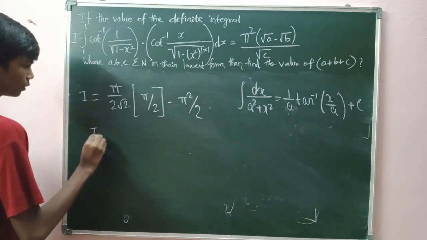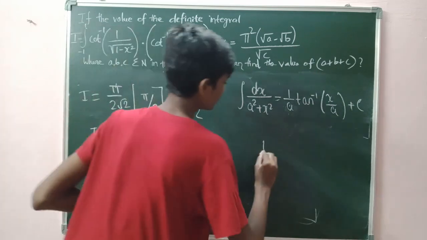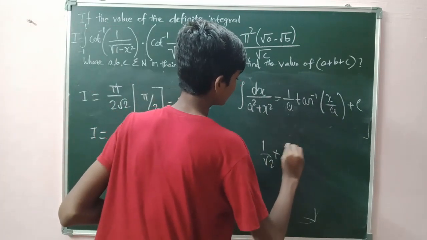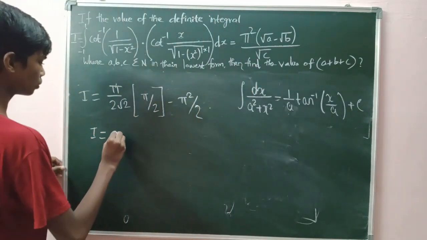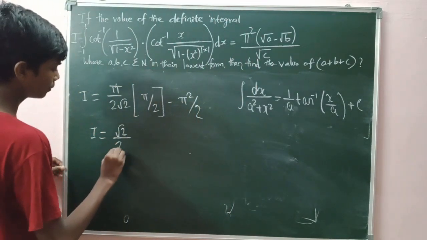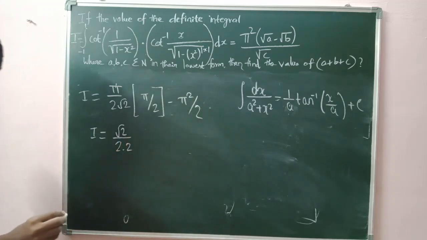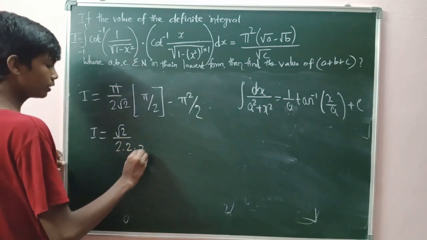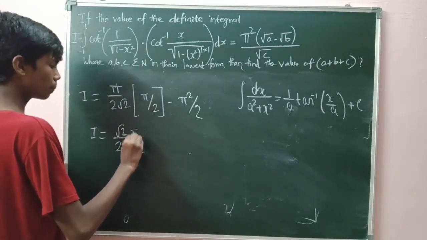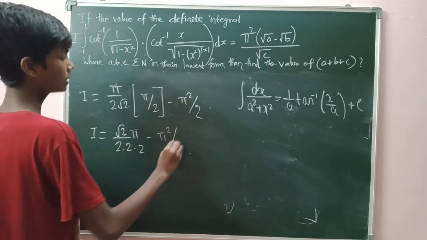So I is equal to pi by 2. So 1 by root 2, when rationalized, gets root 2 by 2, right? So root 2 by 2 into 2, another 2 over here, then root 2 pi. Okay. Then minus of pi square by 2.